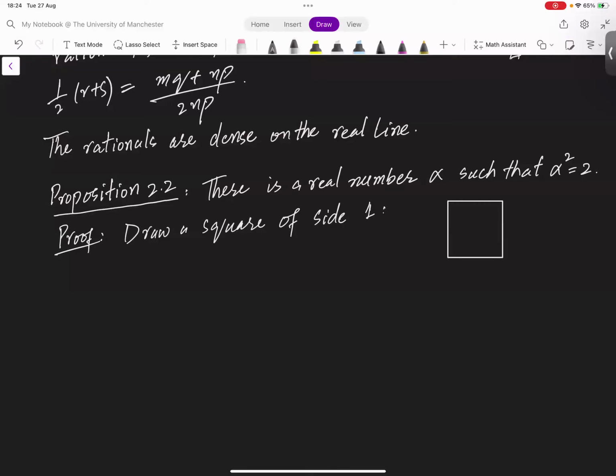Then we say, with side one here, there is a diagonal and we call it alpha.